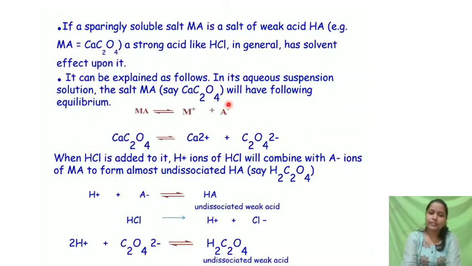Why does that concentration decrease? Because the A- ions or anions combine with the H+ ions of the acid. So the value of the activity product is changed. In order to keep that value constant, the salt gets dissociated into the solution. That means the solubility of the salt increases, in order to keep the value of the solubility product constant.